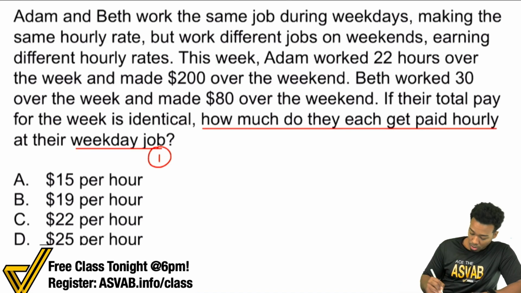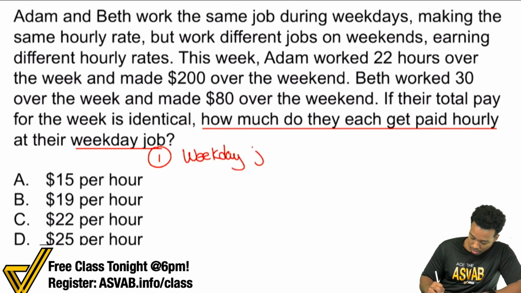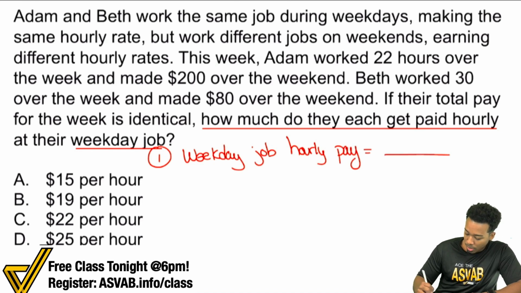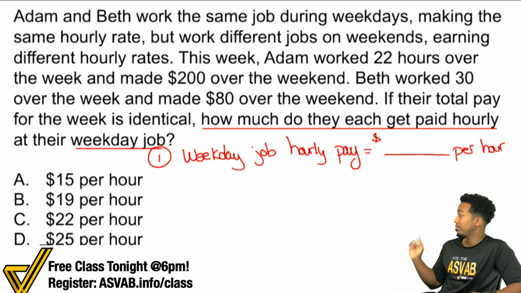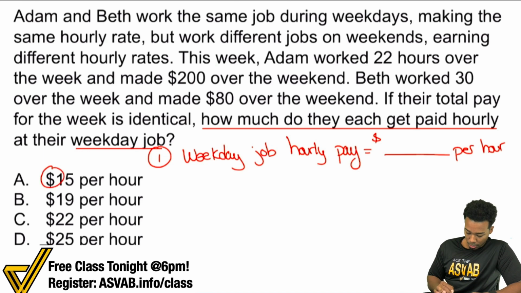Okay, so we're looking for the weekday job hourly pay. Okay, that's what we want. And it's going to be in dollars per hour. How do I know that? Look at the answers. Dollars per hour, right there. So we have all of that set up. We know exactly what it is that our answer is supposed to look like.